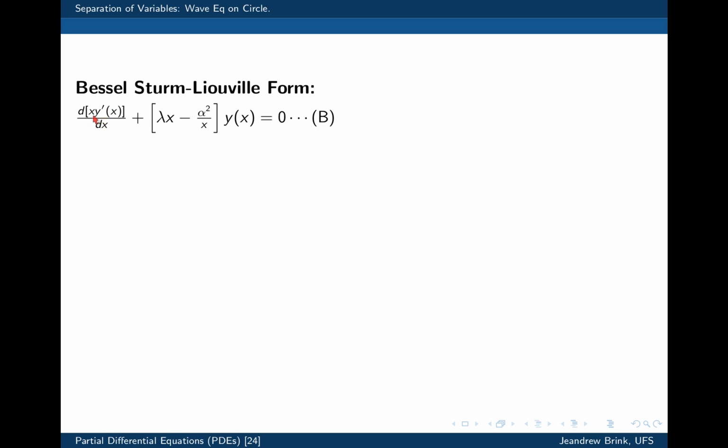So instead, I've now replaced the P1 tilde with a Y, so that's my dependent variable, and I've replaced the R with an X. And I've divided through by the X so that we're in Sturm-Liouville form. So I'm looking at solving this equation in general.